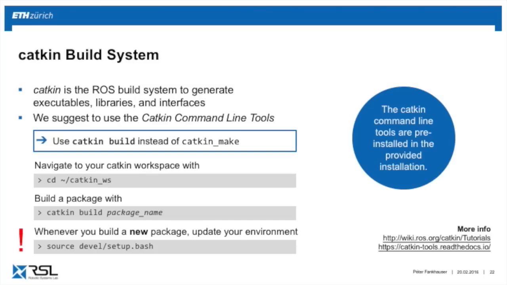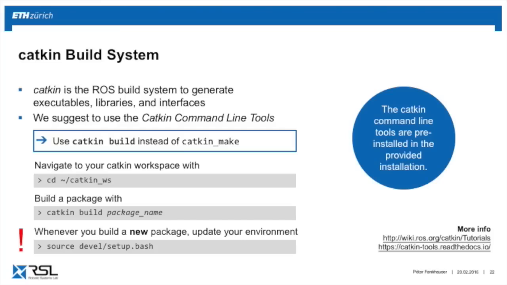Typically, when you want to build a node, you would have to go to your catkin workspace by cd and then going into the catkin workspace. And then you can build a package by catkin build and then the package name. Now here's a very important part. Whenever you build a new package, your system must know about it in order for you to use it.